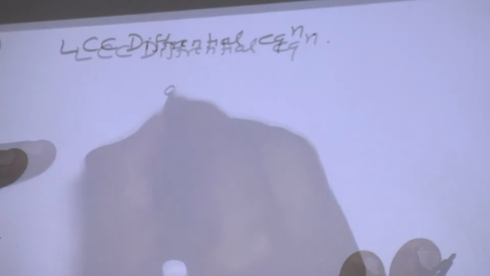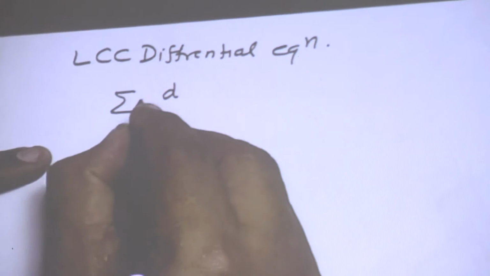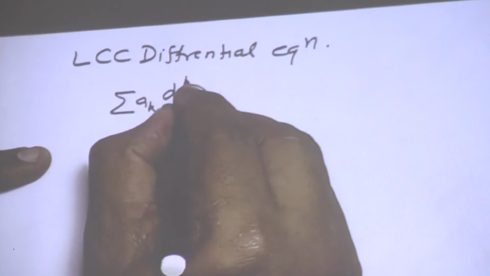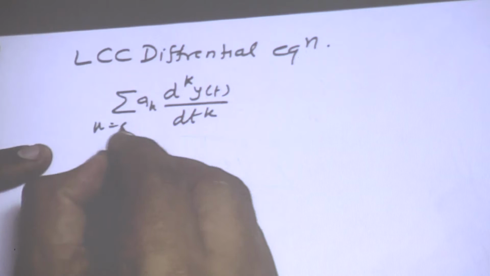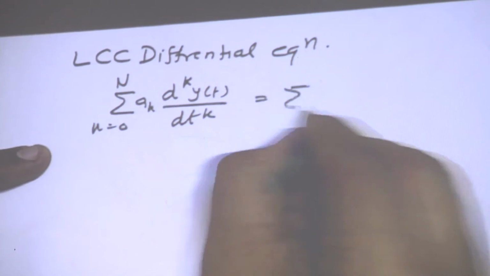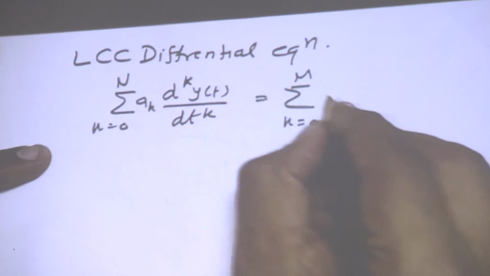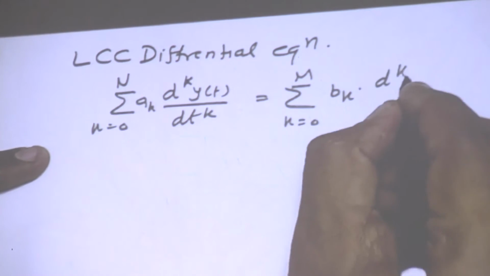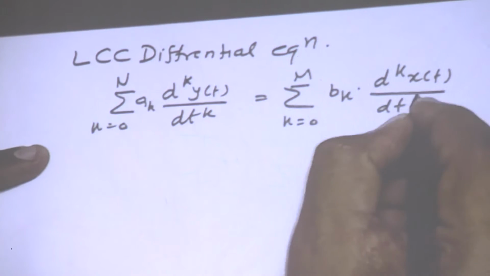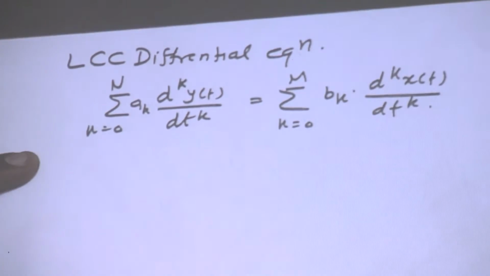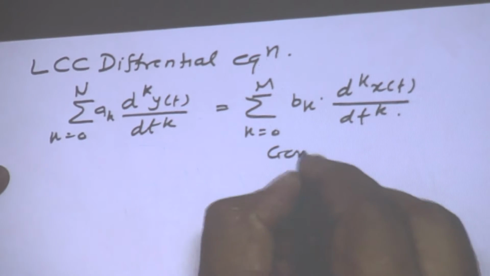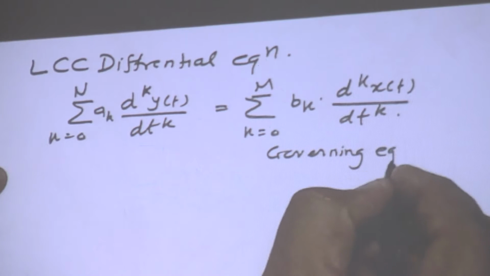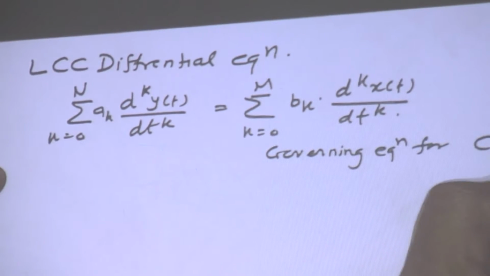It could be something like summation of some ak times d^k y(t) by dt^k, k going from say 0 to capital N, equal to summation of k going from 0 to M, bk times d^k x(t) by dt^k. This we wrote as a linear constant coefficient differential equation, which is a governing equation for a continuous time system.